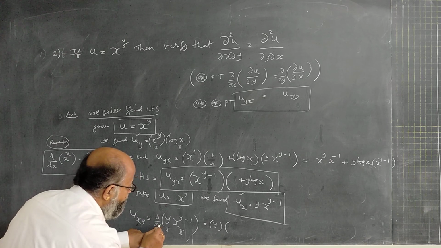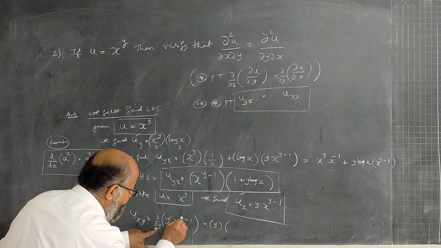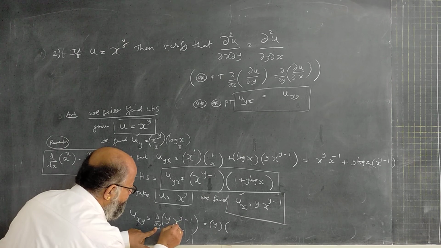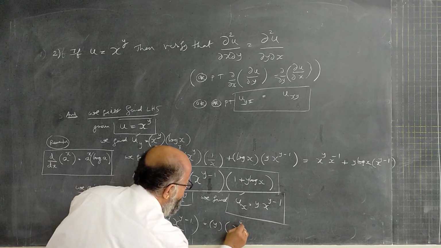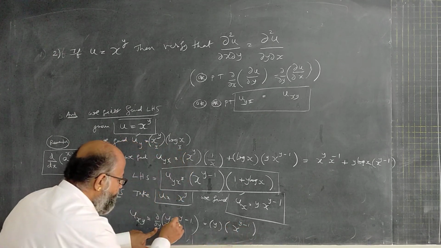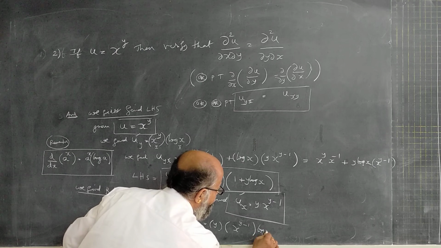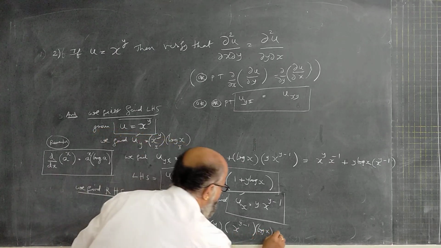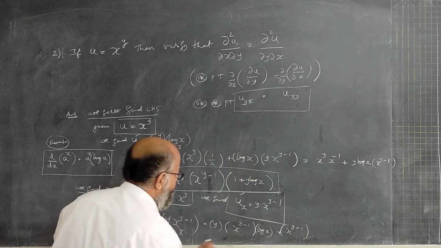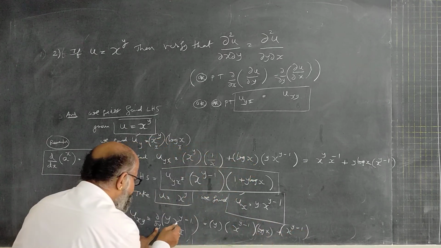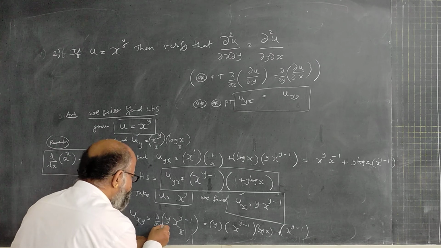Because you are differentiating with respect to y, any x term is like a constant. So x to the power of y minus 1, when you differentiate, you get x to the power of y minus 1 into log x, plus the second term, x to the power of y minus 1 into the differential of the first term y with respect to y.